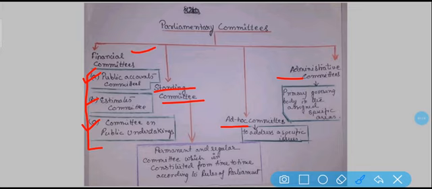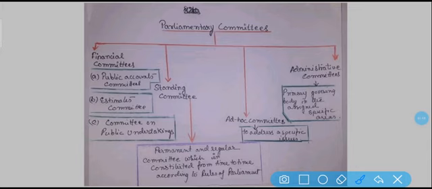Now come to the standing committees. Let's see about the standing committees. What is a standing committee? A standing committee is a permanent and regular committee. It is normally present in a parliament every time, and whenever the parliament comes into a session, whenever the parliament is going on, the standing committee will always be there.